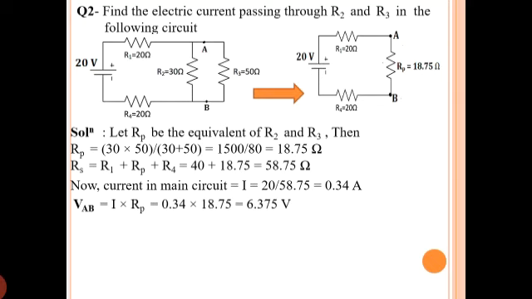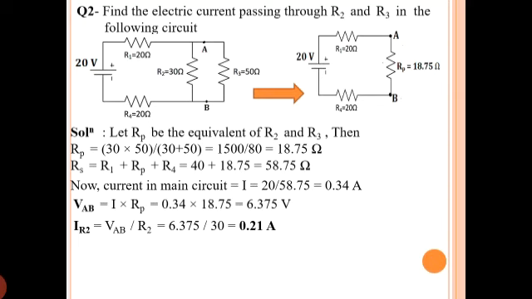So resistance into current will be the potential difference: I into RP, that is 6.375 volt. So between A and B points the voltage is 6.375 only, and the same potential difference is across R2 and across R3.